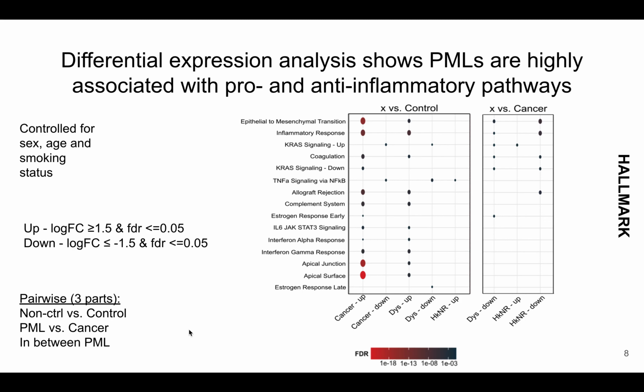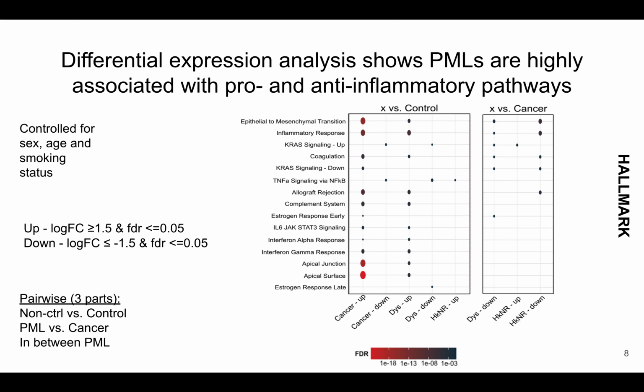The results I'm showing you here are from the gene signatures which come up as significant. For example, the upregulated signatures were obtained with a cutoff log fold change of 1.5 with an FDR corrected value of 0.05, and the downregulated of log fold change of -1.5 and an FDR of 0.05.